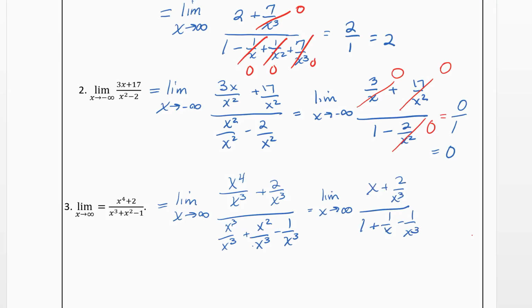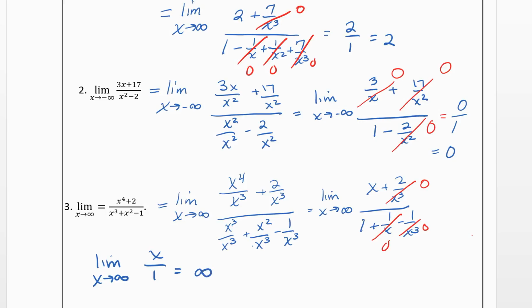Okay, so all the pieces that have an x in the denominator are going to go to 0. And this leaves us this time with the limit as x goes to infinity of x over 1. Well, what happens as x goes to infinity of just x? Well, x is getting larger and larger. X goes to infinity here.